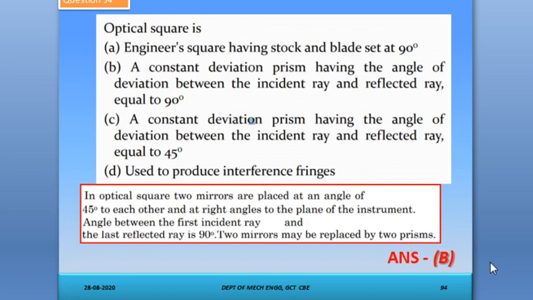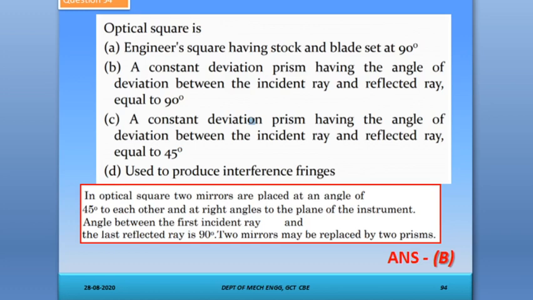The next one, optical square. Engineer's square having a stop and blade set at 90 degrees. A constant deviation prism having the angle of deviation between the incident ray and reflected ray equal to 90 degrees.